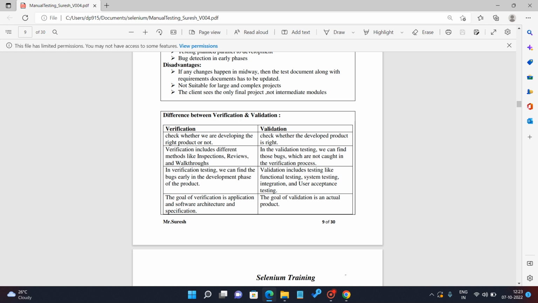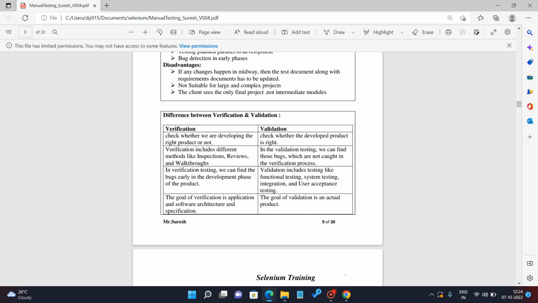In verification testing, developers can find bugs early in the development phase. In validation testing, we can find those bugs which are not caught in the verification process.